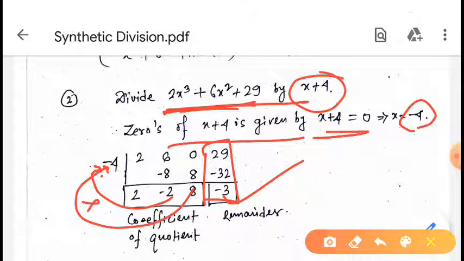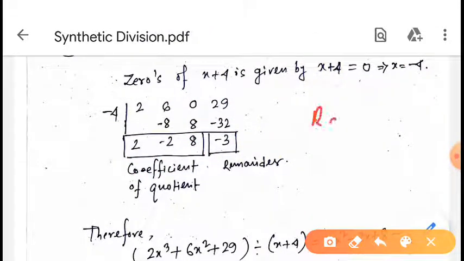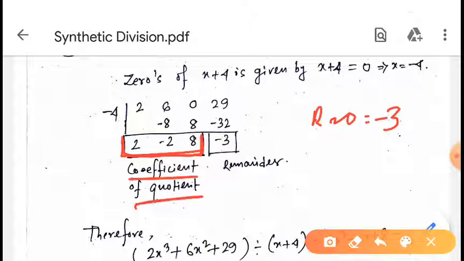So when you get minus 3 here, that means the coefficient of the remainder is minus 3. The coefficient of the quotient is given by these 3 elements of the bottom row.